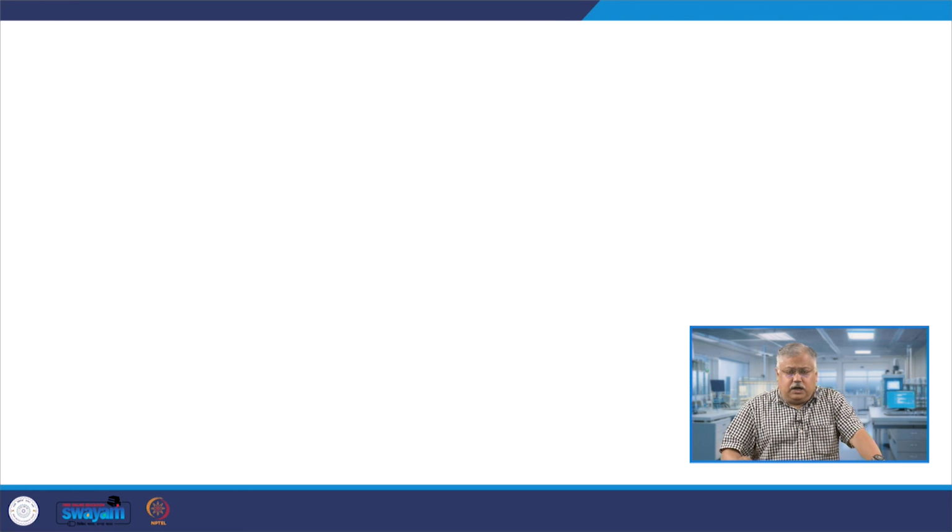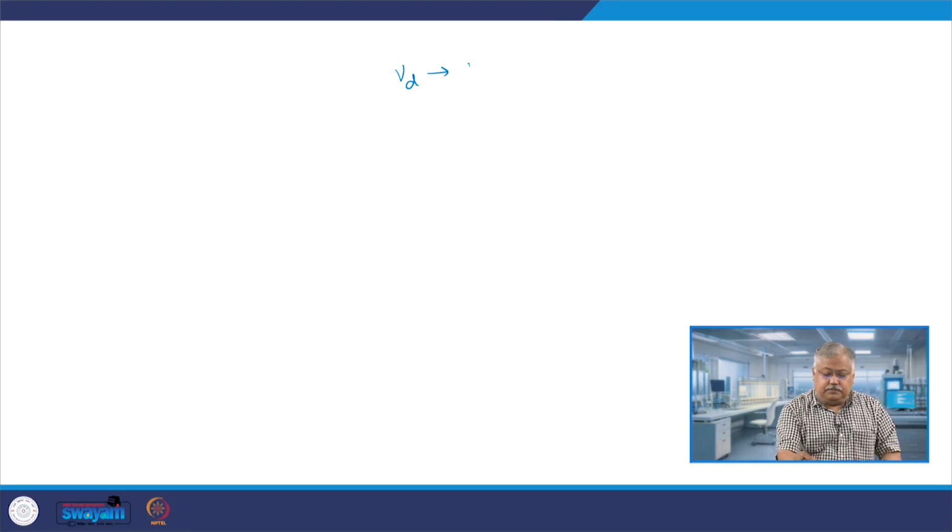So, this is a brief of what we have learned. We learned about the velocity model, the velocity saturation model, velocity saturation. We learned about velocity overshoot, and then we went ahead and did the mobility versus electric field graph.